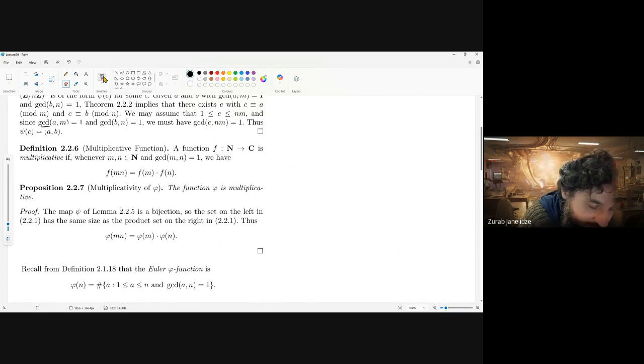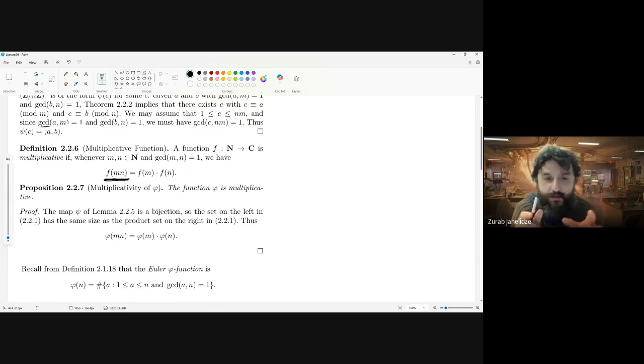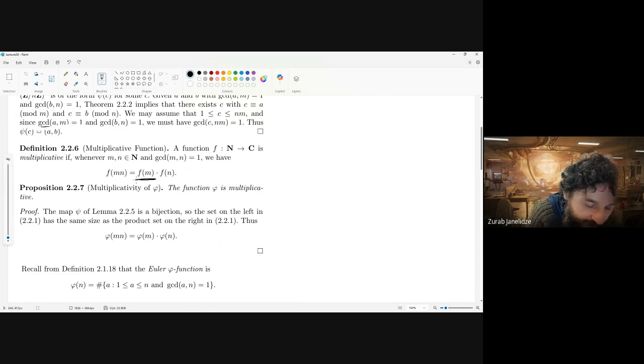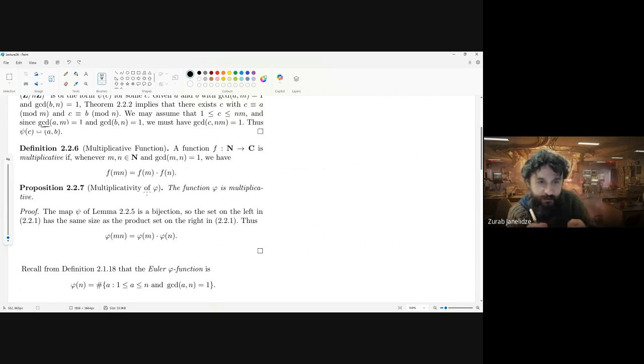A function f is said to be multiplicative when, whenever you multiply two numbers m and n that have GCD of 1, then f of mn equals f of m times f of n. So that's what we mean by a multiplicative function. We don't mean that it preserves multiplication fully. It only preserves multiplication when the two things we're multiplying have GCD of 1.